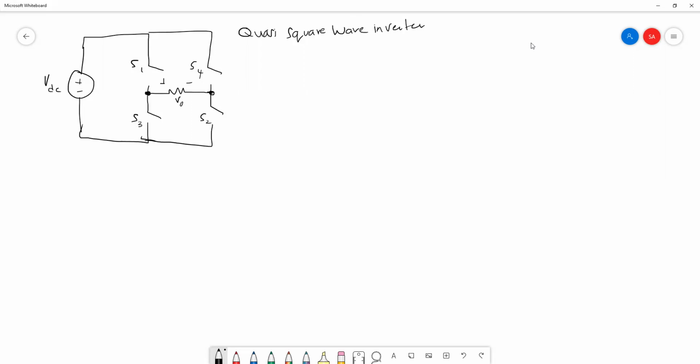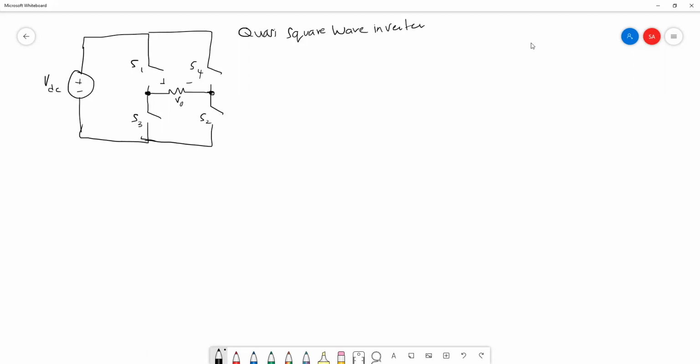The square wave inverter is the simplest inverter to convert DC into an AC voltage. And this is the quasi square wave inverter.